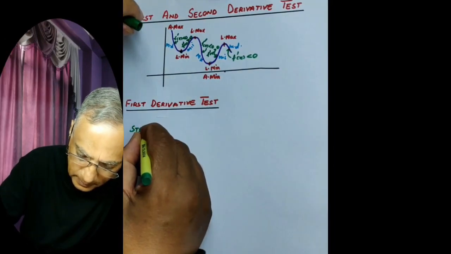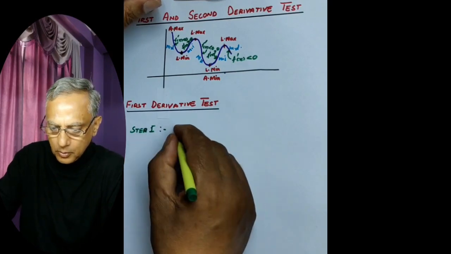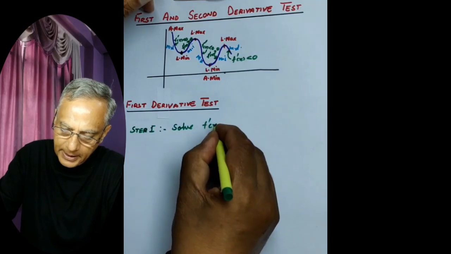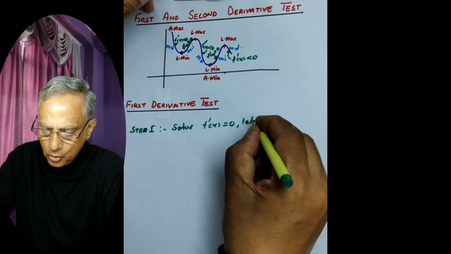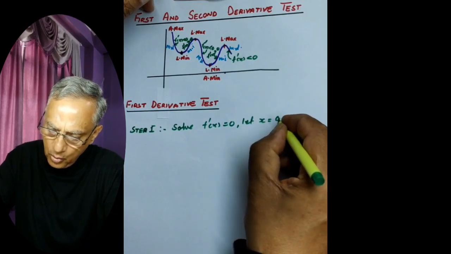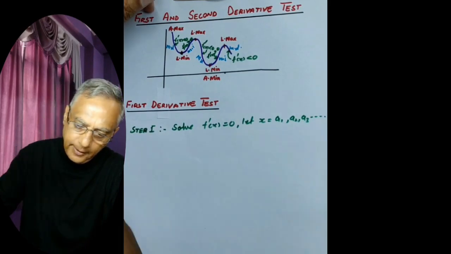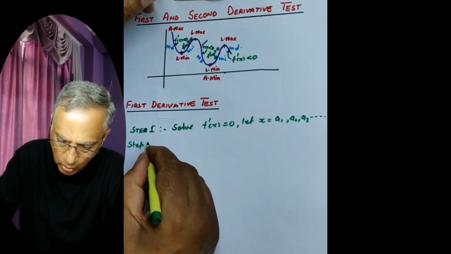Step 1. Solve f dash x equal to 0. Let its roots be x equal to a1, a2, a3. Step 2.